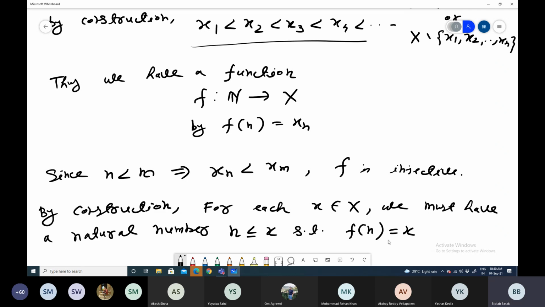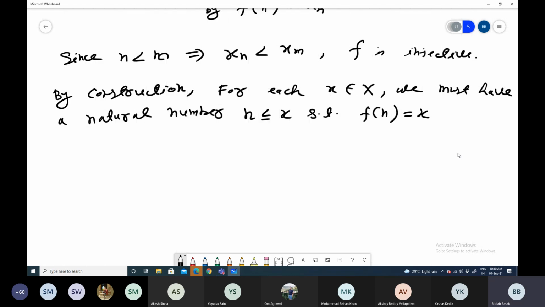Okay, so this is by the construction again. So therefore f is surjective also.